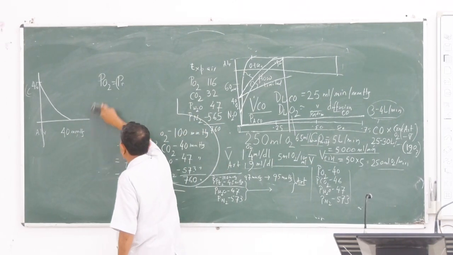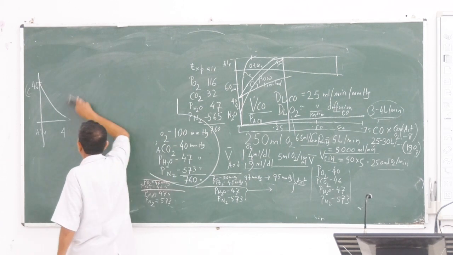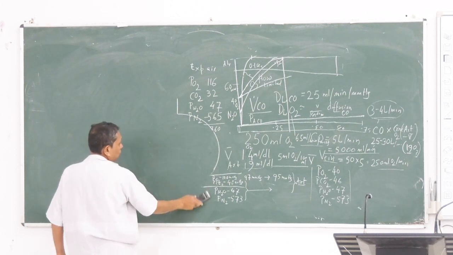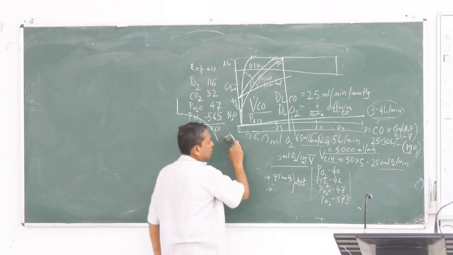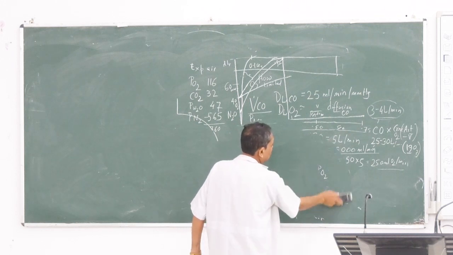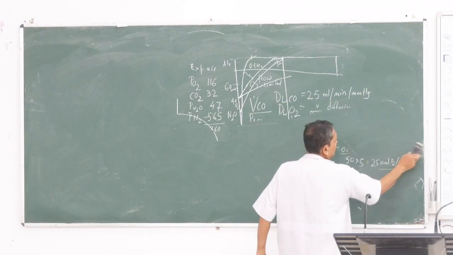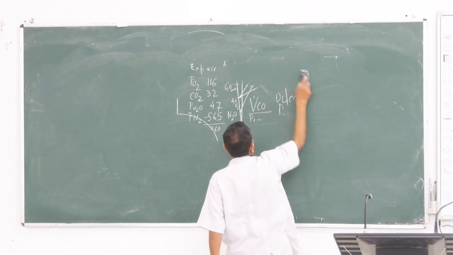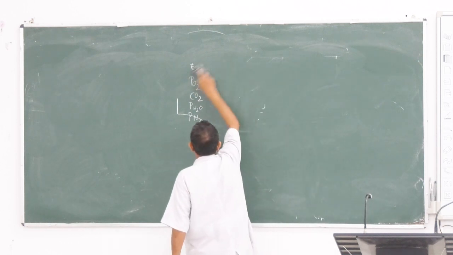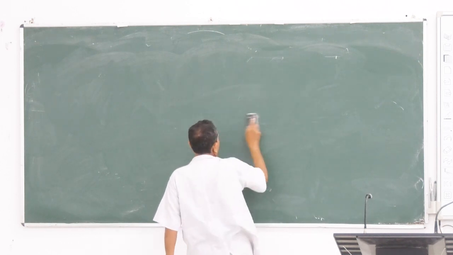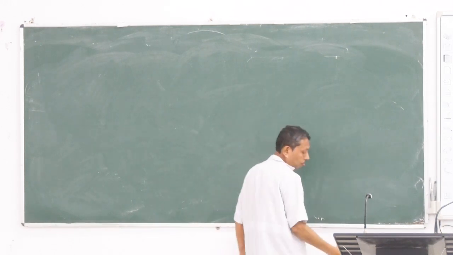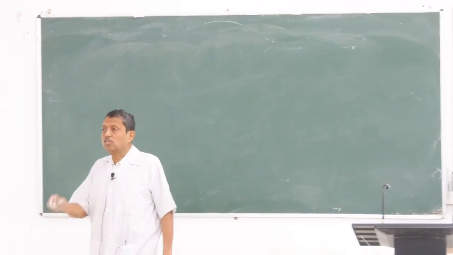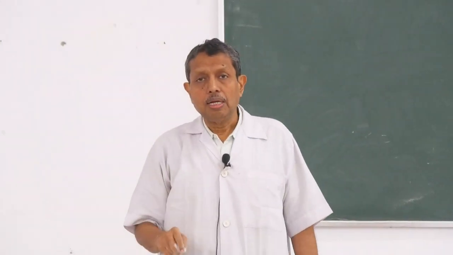Now we discuss, as some time is remaining, oxygen transport and carbon dioxide transport. It is another competency, 6.3 or so. Oxygen transport: oxygen is carried by the blood.